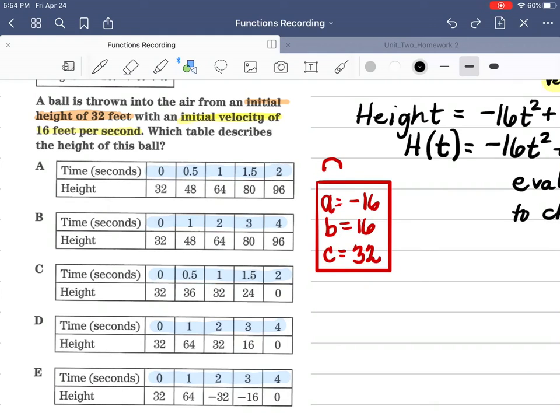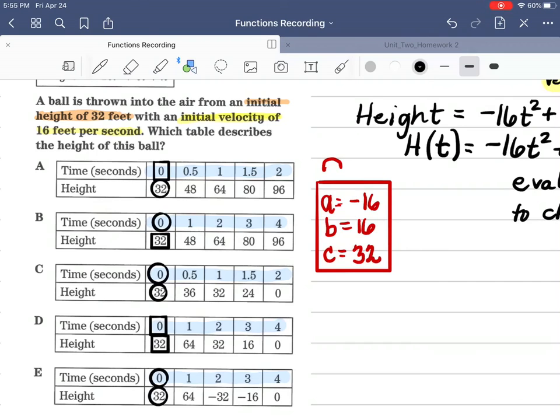Let's do a test-taking strategy. I know that the tables are all different, but is there a value that the tables have in common? In other words, all of the tables have a 0. That's actually the y-intercept, but the thing is that all of those 32s are the same. So the 0 is not going to help me.